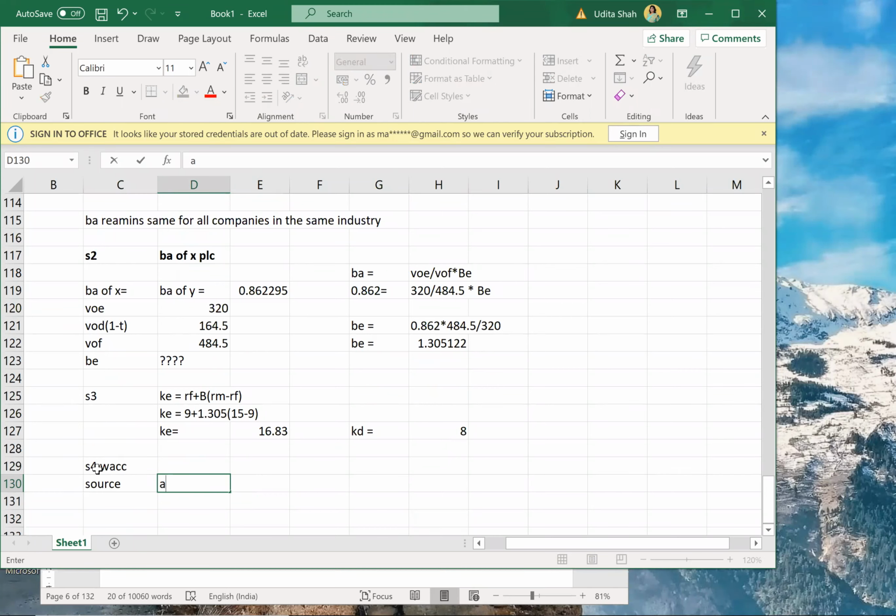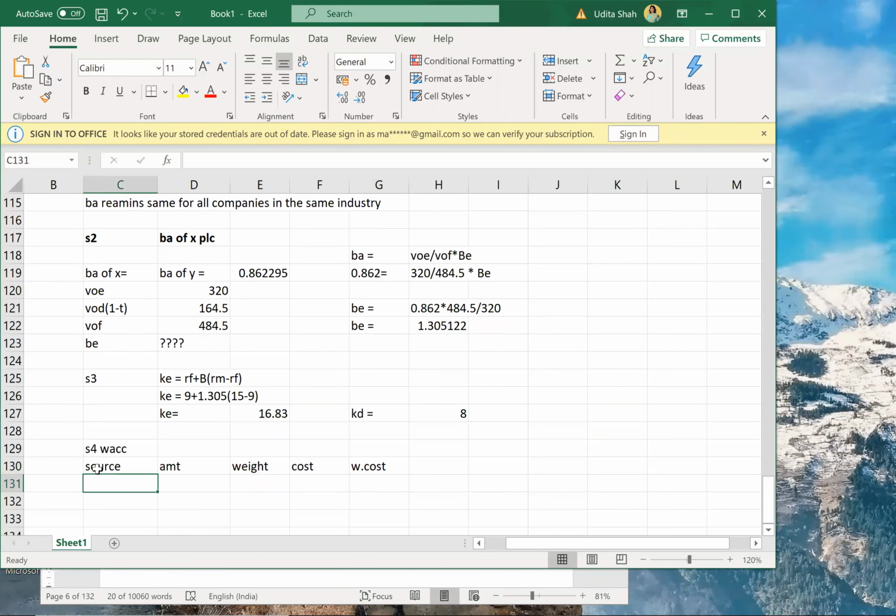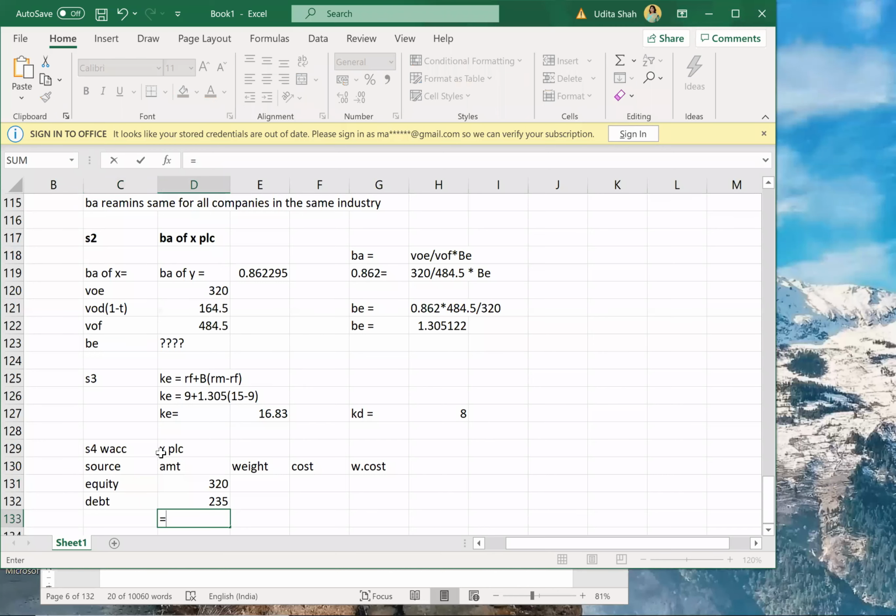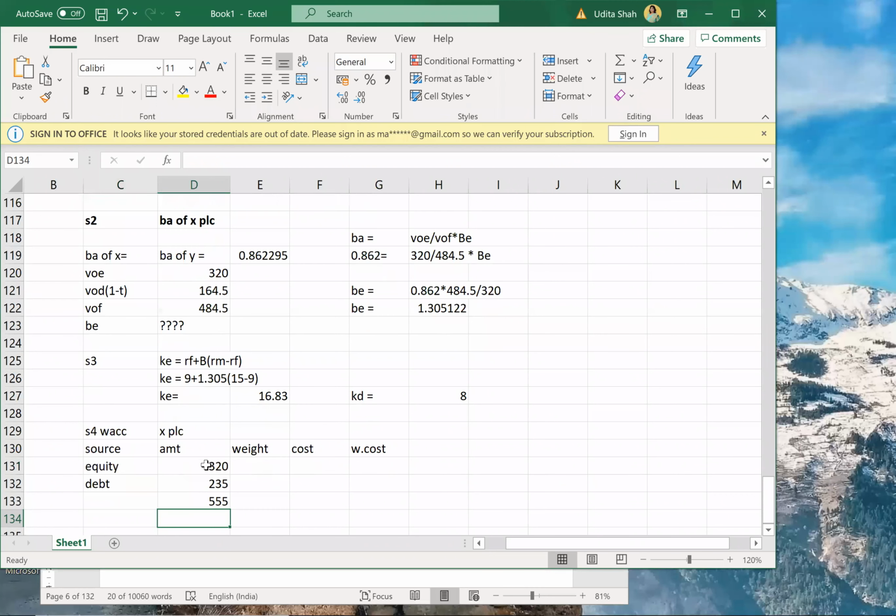Source, amount, weight, cost, and weighted cost. So again, only two sources, equity and debt. Now WACC we are doing for XPLC. So equity of XPLC is how much? 320. Debt is 235. So weight will be 320 by 555.